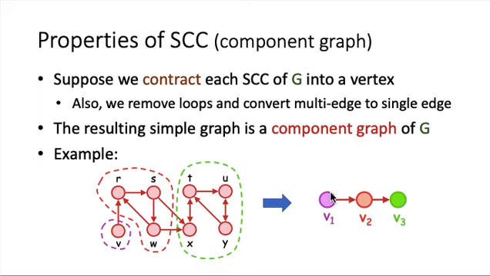So by contracting each SCC into a single vertex, we get a new graph, and this is called the component graph of the original graph G. Each vertex corresponds to one SCC in the original graph. So we have three vertices, three SCCs.